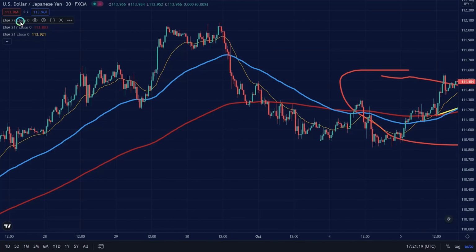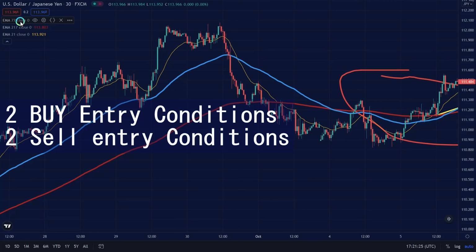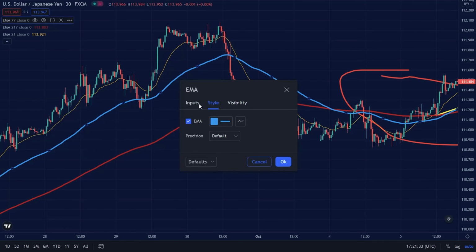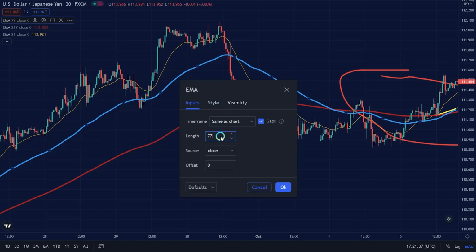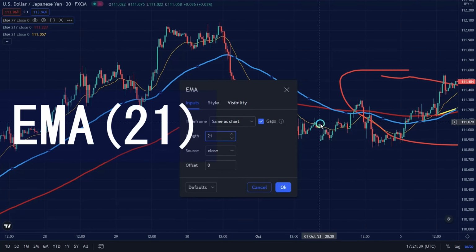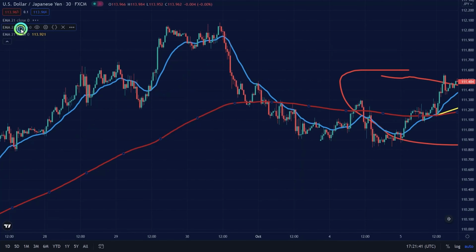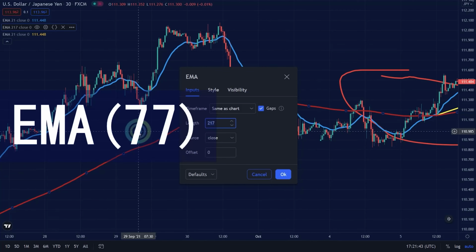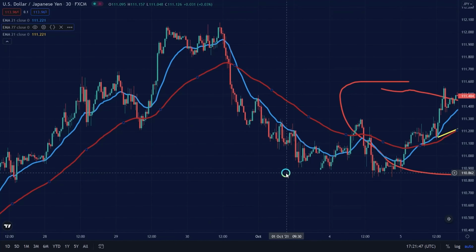We will need 2 exponential moving averages. We will have 2 conditions for the buy entry and 2 conditions for the sell entry, and now I show you the real numbers. First, we will need a 21 period exponential moving average, and then we will need a 77 period exponential moving average.